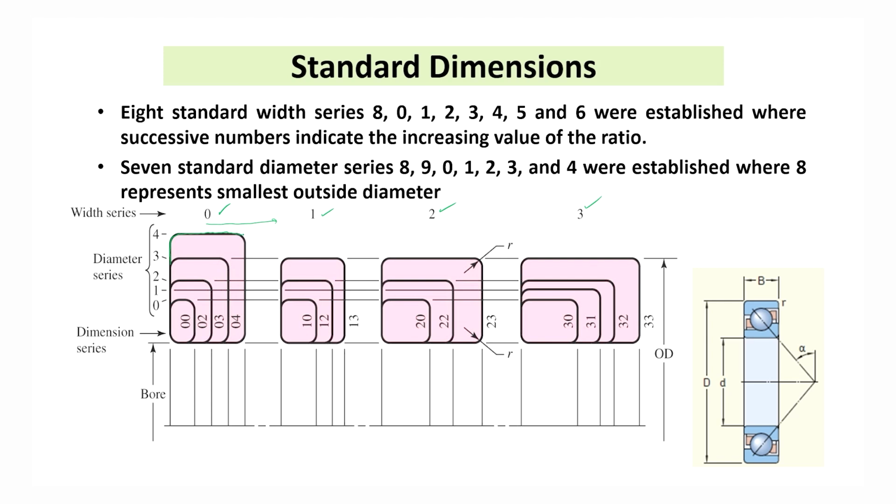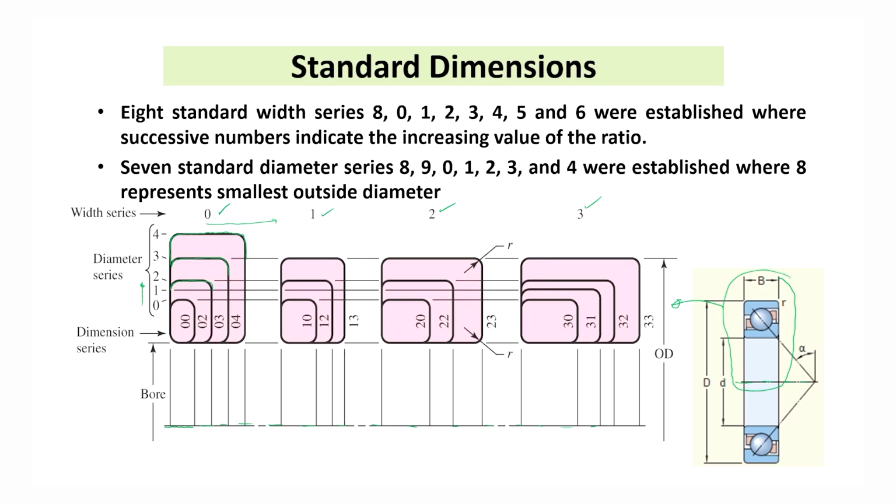This is the 0, this is the width, and the diameter series, you see with the increase, when you are moving in this way, the outside diameter is increasing. This one is the axis of rotation. So, only half part of the bearing is shown in this figure.